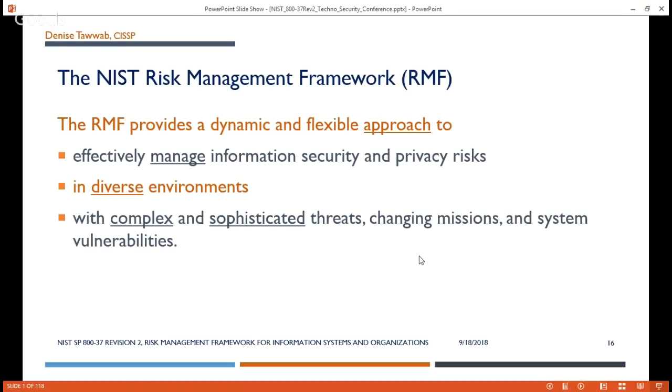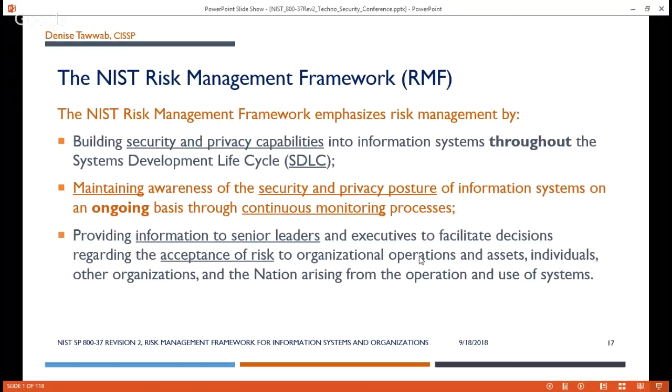It provides a dynamic and flexible approach to effectively manage information security and privacy risk in diverse environments with complex and sophisticated threats, changing missions, and system vulnerabilities. The framework emphasizes risk management by building security and privacy capabilities into information systems throughout the system development lifecycle.